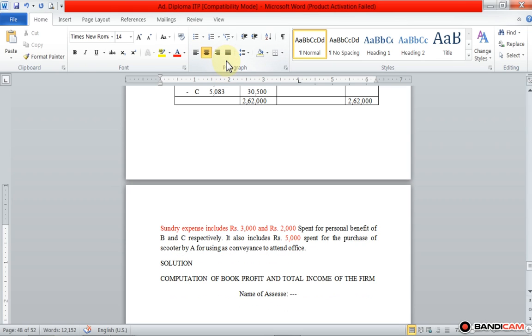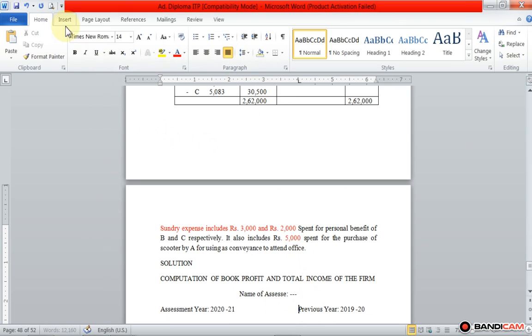Assessment year 2021, previous year 2019-20.